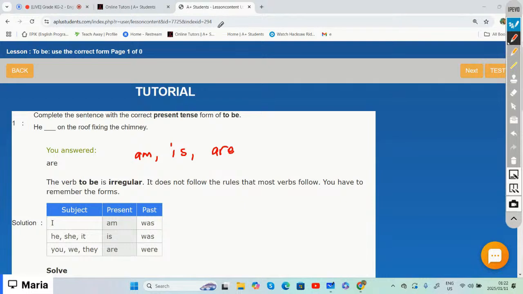So we need to choose the correct option. Do we say he is, he am, or he are? Which one is correct?